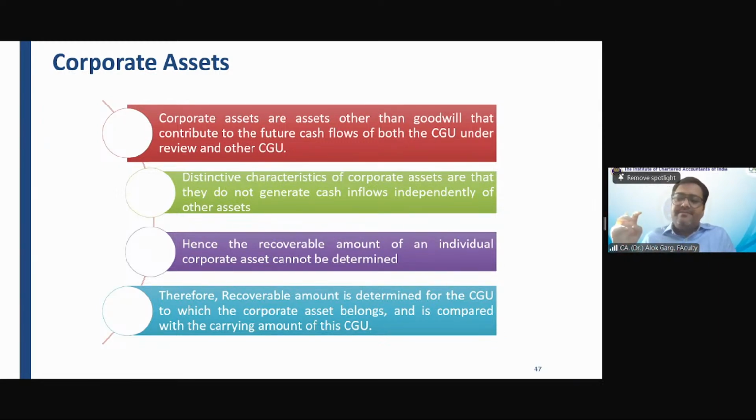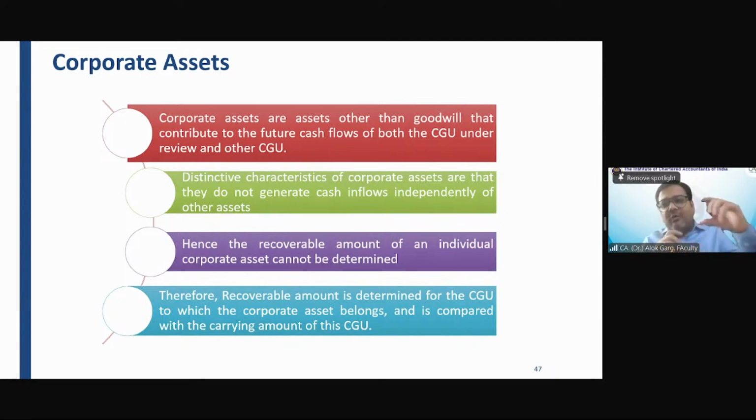So friends, since the corporate asset does not generate cash inflow independently of other assets, the recoverable amount of an individual corporate asset cannot be determined. Therefore, the recoverable amount is determined for the cash generating unit to which the corporate asset belongs and is compared with the carrying amount of this cash generating unit.